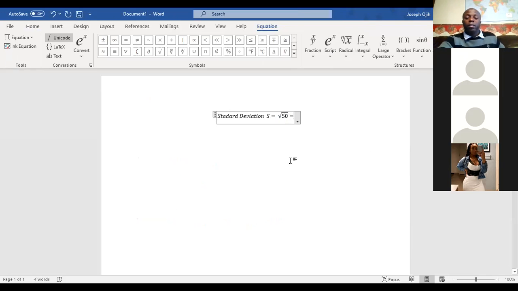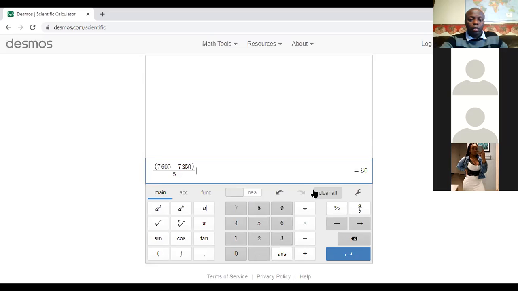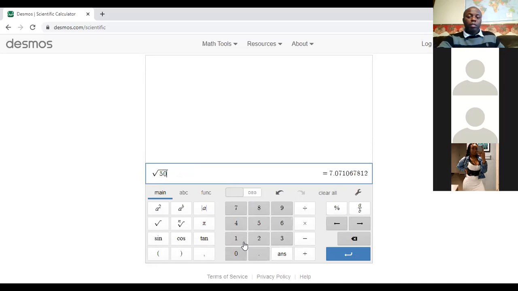We can get this from the calculator. The square root of 50 is 7.07. Okay, make sure 7.07.